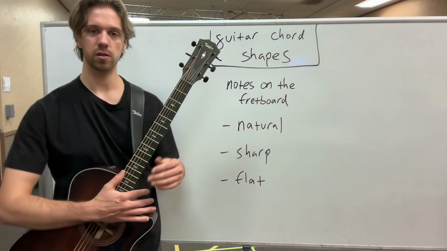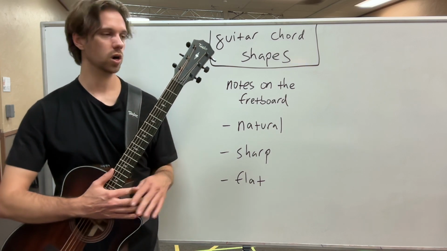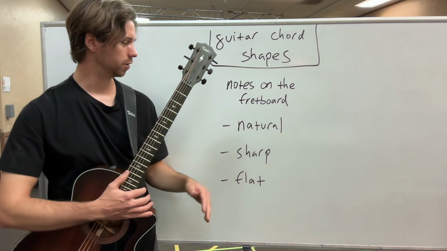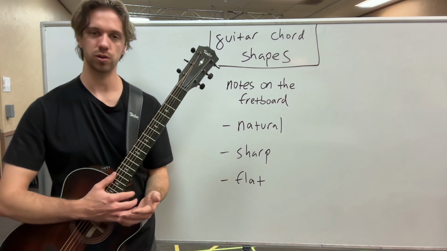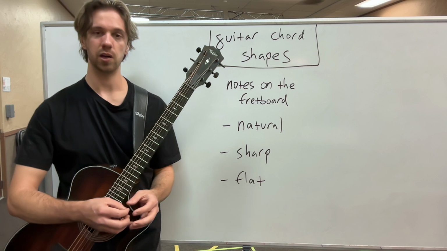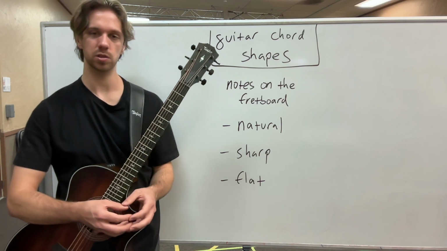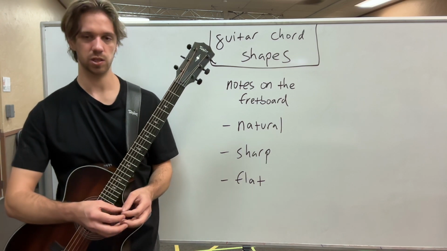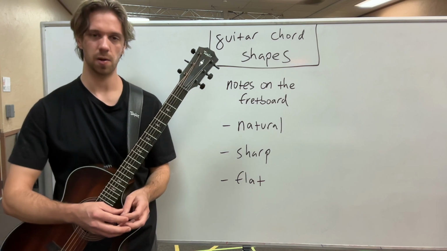Just focus on learning the natural notes at first. Worry about sharps and flats later. The faster and the better you get the natural notes down, the more quickly you will be able to see and recognize the sharp and the flat notes as well.